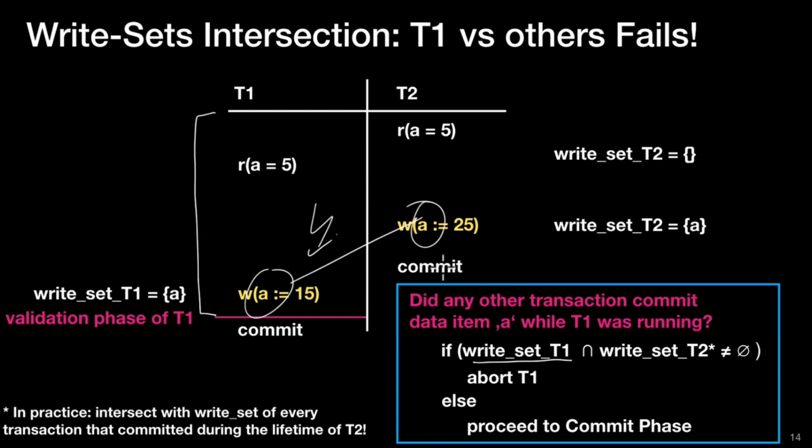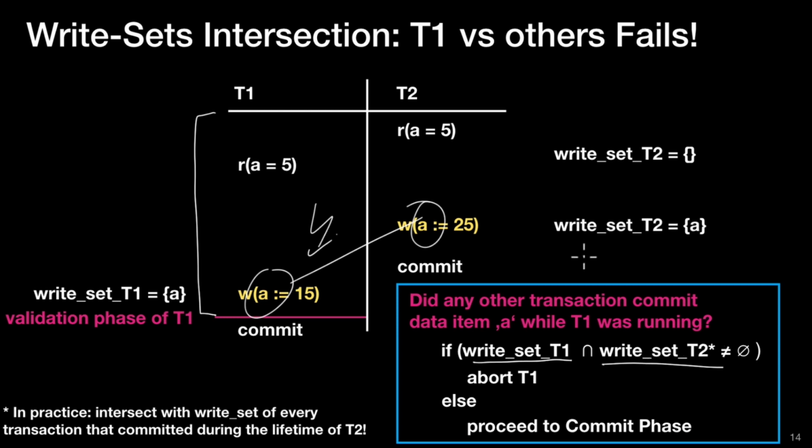In this textbook example, this is only T2. So with each and every transaction that committed while T1 was running, I perform this write set intersection. Well, in this case, this is only this single write set of T2.